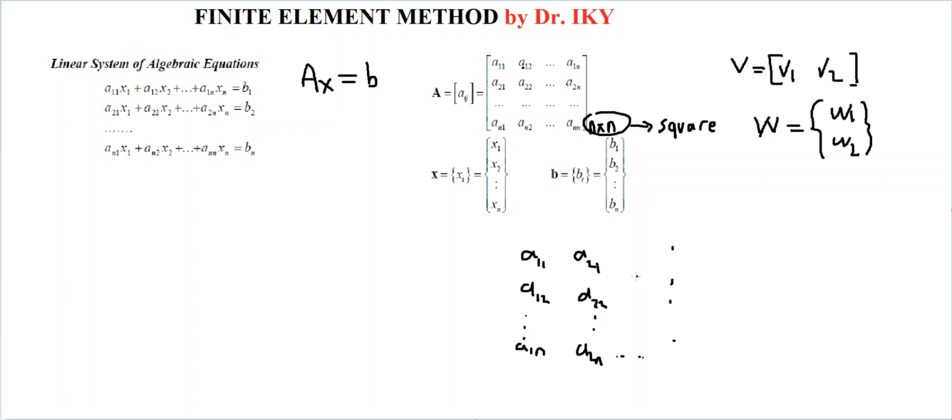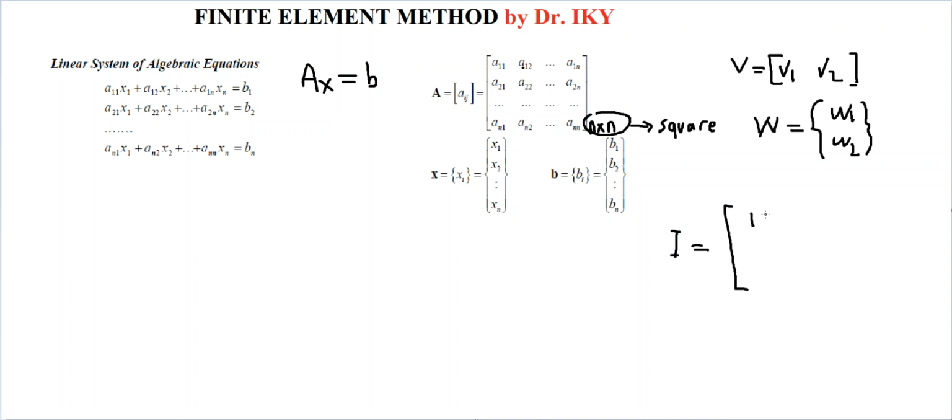For the unit matrix, let me clear here. For the unit matrix, it will be I is equal to 1, 0, continue, and going to 0. 0, 1, 0. It will be 0, 0, and here should be 1.